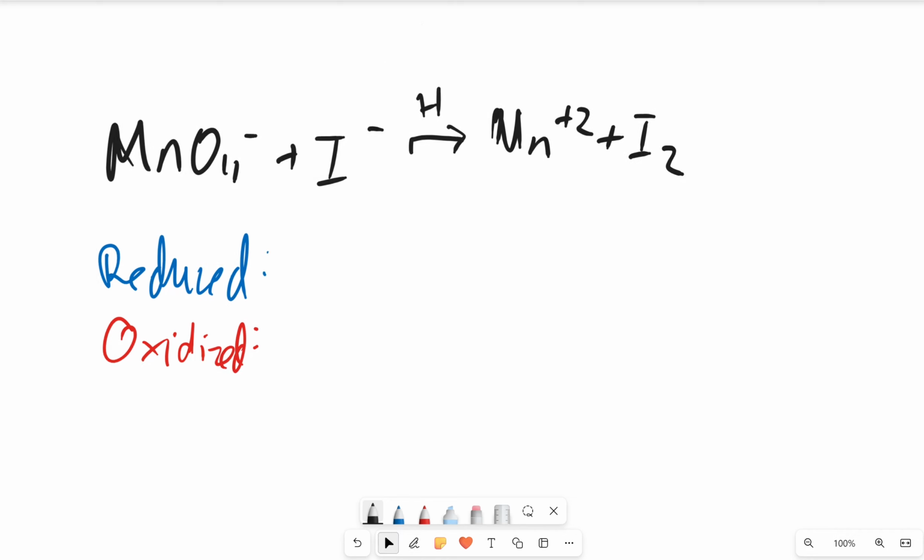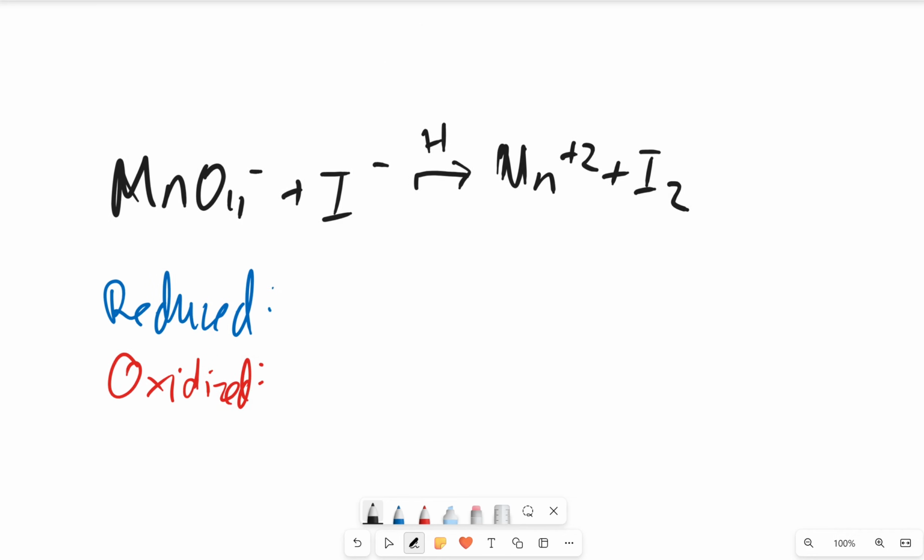Okay, well, remember, whenever we have to figure that out, we have to figure out our oxidation numbers. Oxygen is always going to be -2. I minus is a monatomic ion, so we know it's equal to its charge. Then let's go to the other side. I2 by itself is 0, and the monatomic ion is +2. Now we just have to figure out manganese's charge on this side.